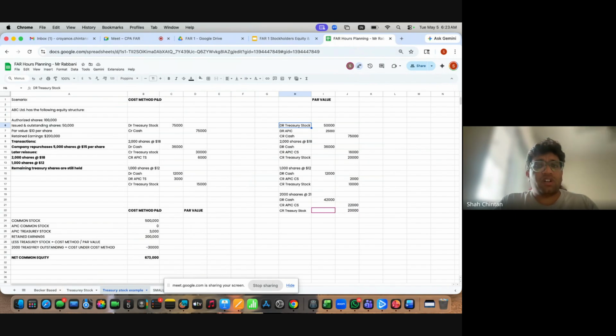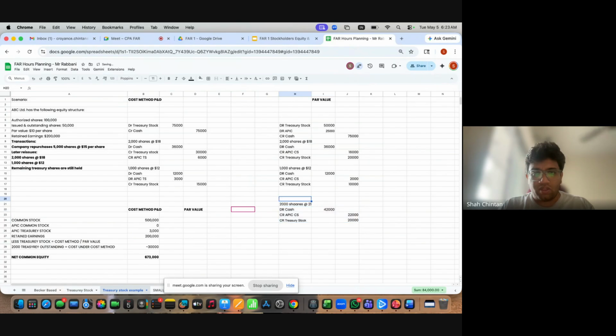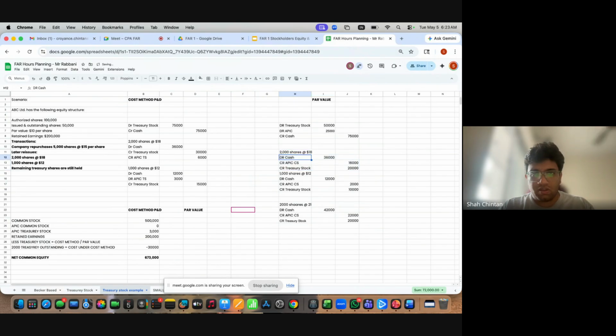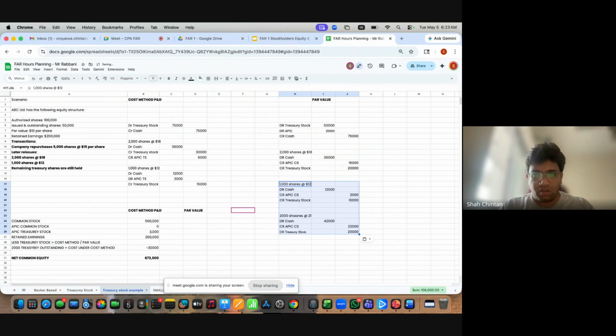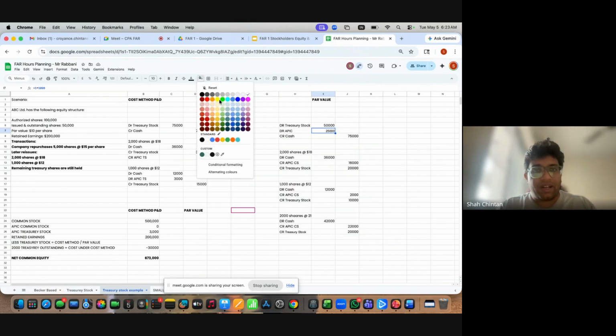Okay. Now the question is why we are only using Epic common stock. If you see the first entry, you are debiting entire Epic which you have collected.